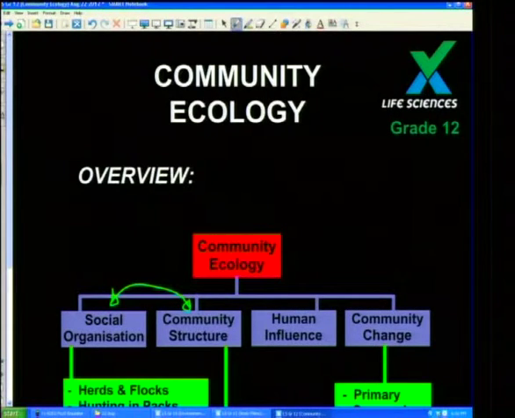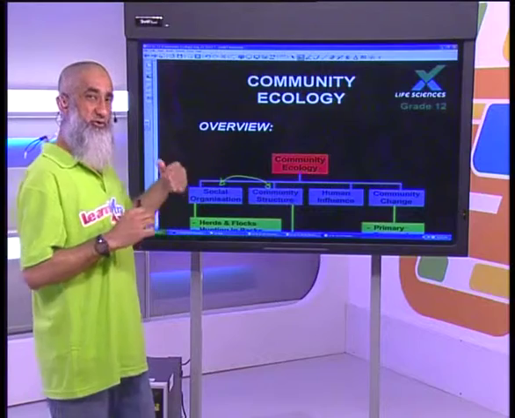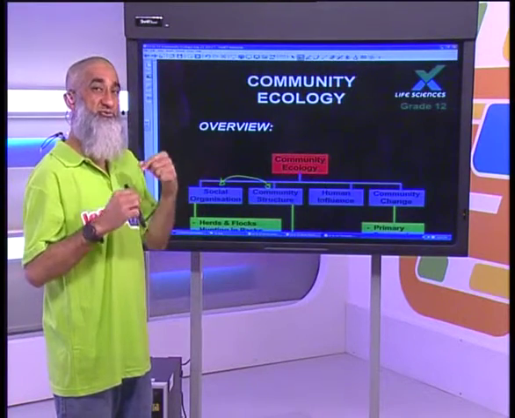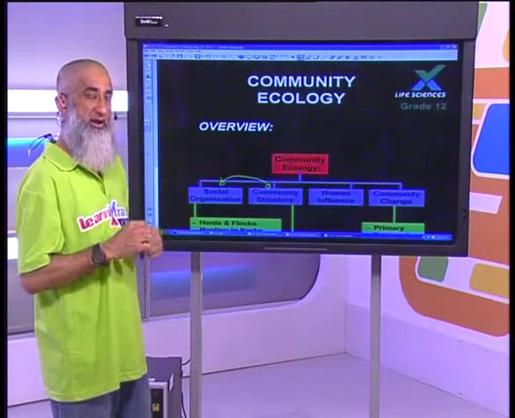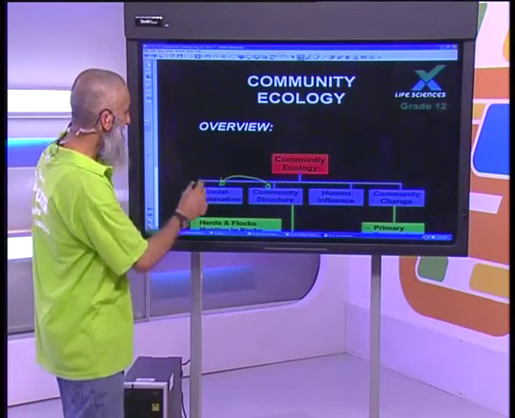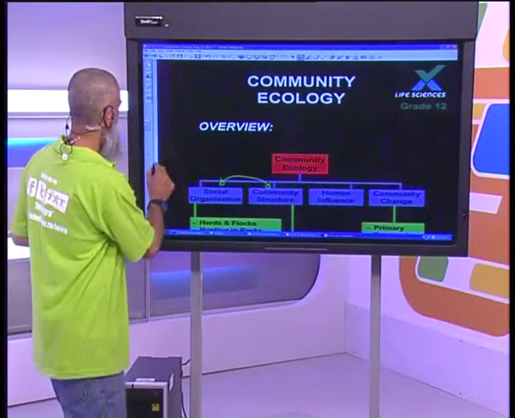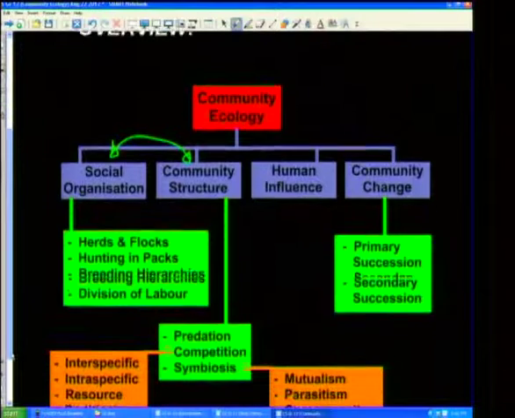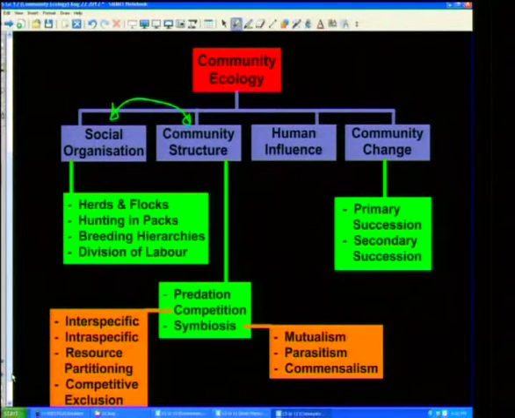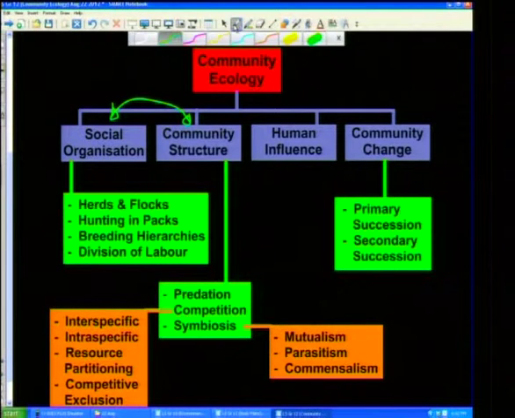So please, guys, listen carefully as we're going to go through the slides so that you know exactly where we are and where we're going to. In terms of social organization, we look at herds and flocks.